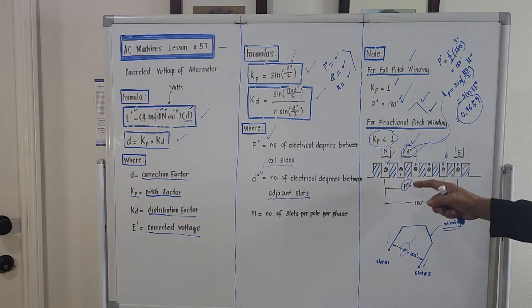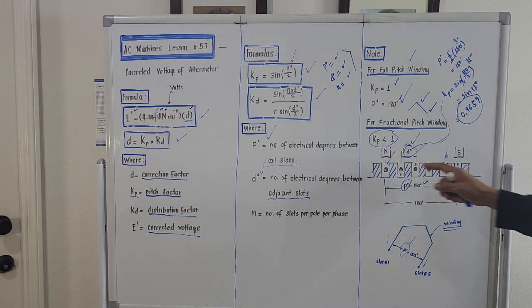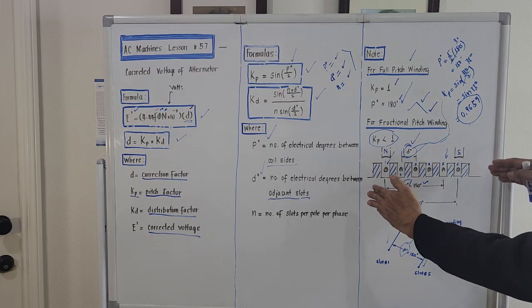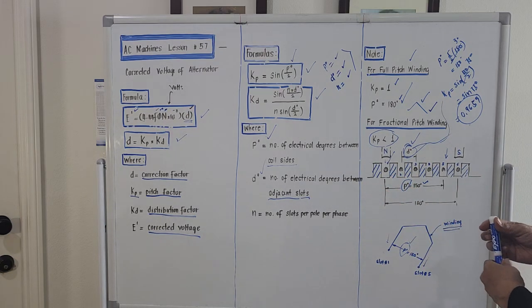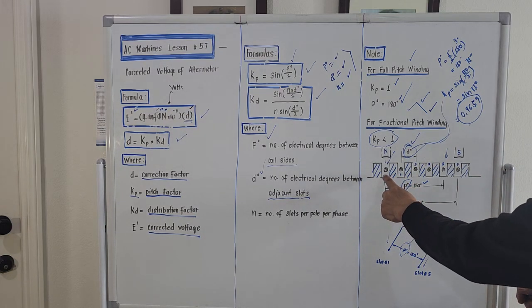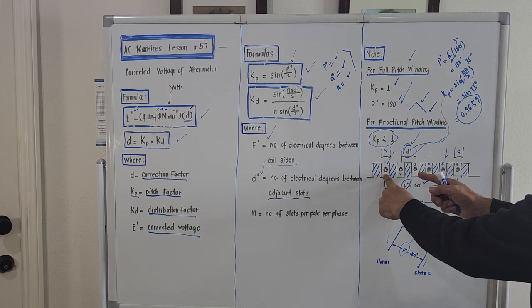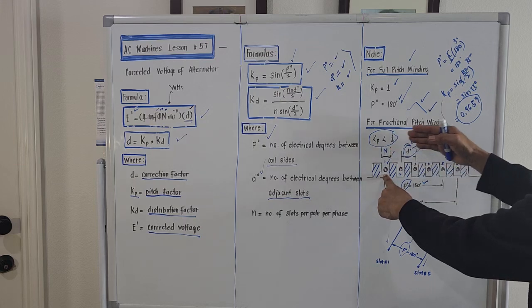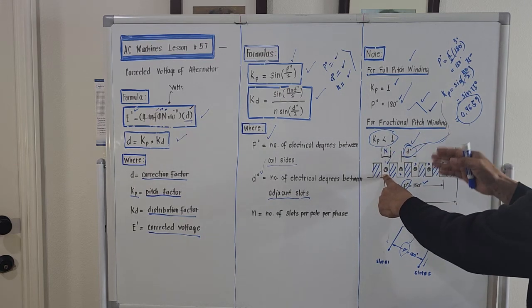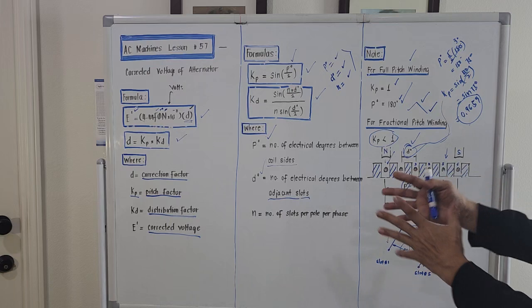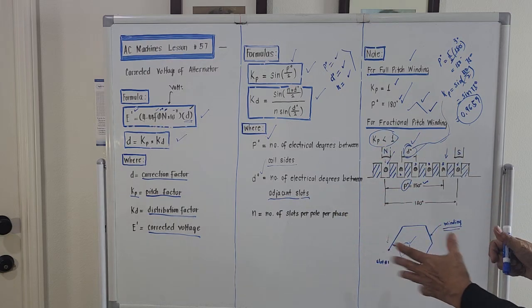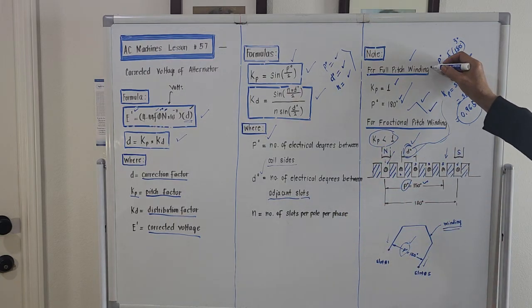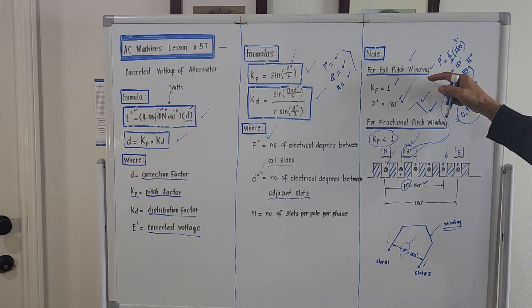Because the distance between slot number 1 and number 6 is too far, right? Actually, there are windings which will enter slot number 1 and come out at slot number 3. So it's a shorter distance. That's the one they are doing in the actual design of alternators. So this pole pitch winding, they don't usually use.